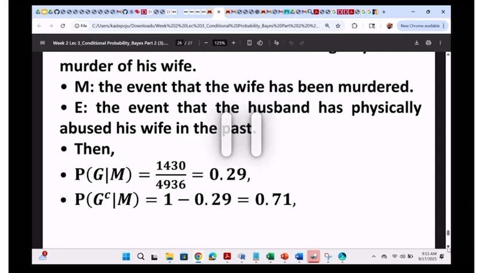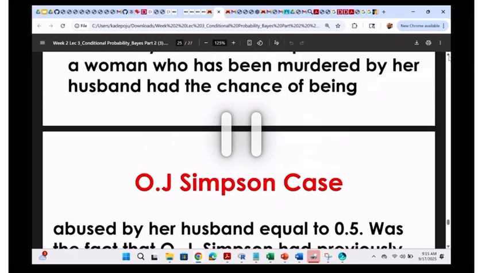The very first thing we want to figure out is the probability that O.J. Simpson is guilty, given that somebody has been murdered. We can only get that from historical data. In historical data, how do I get 1,430 over 4,936? Because historical data told us that.